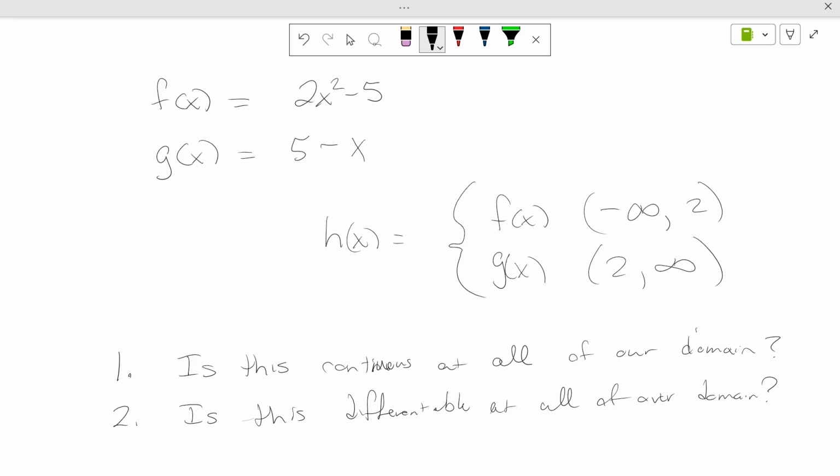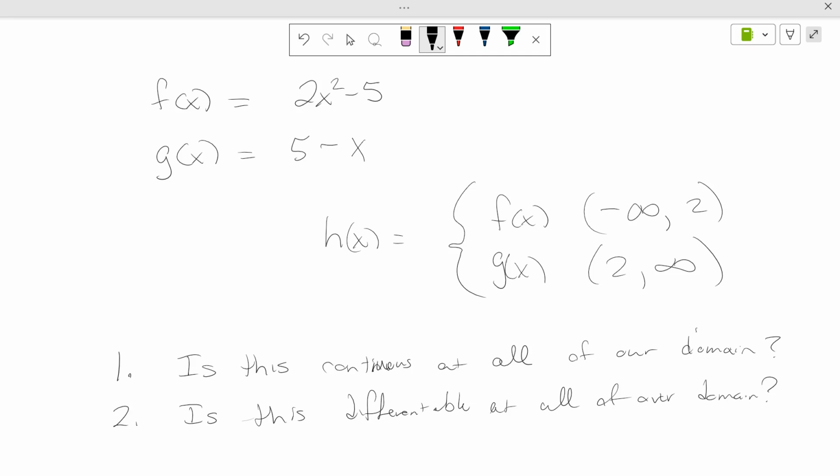Okay, is this function continuous over all of our domain? Is it differentiable over all of our domain? How would we tell if it's continuous over our domain?